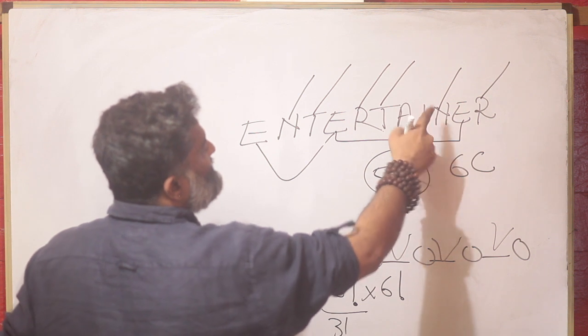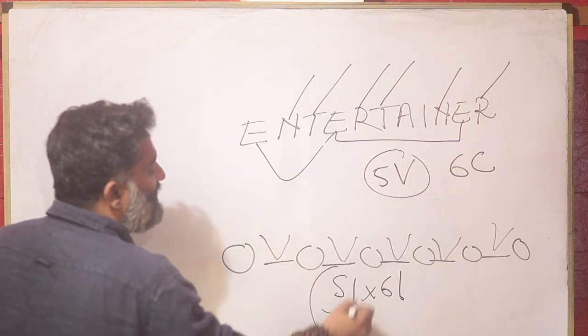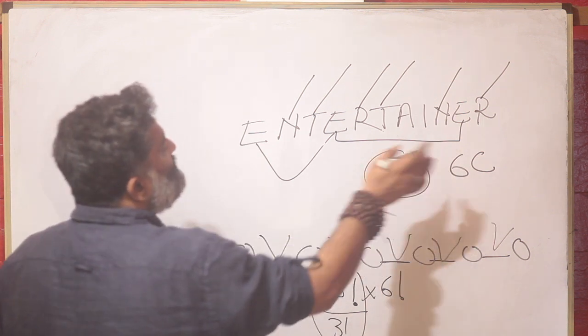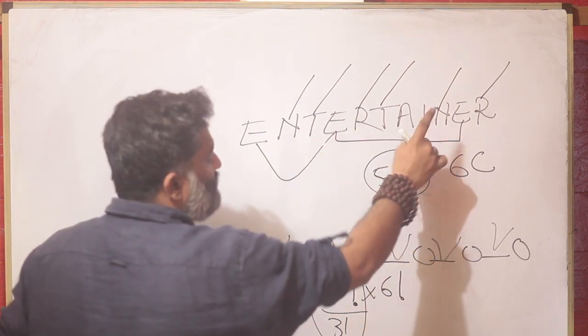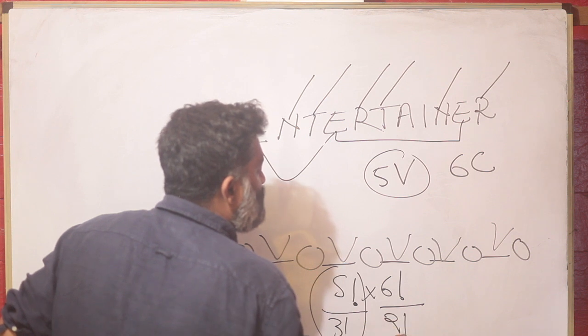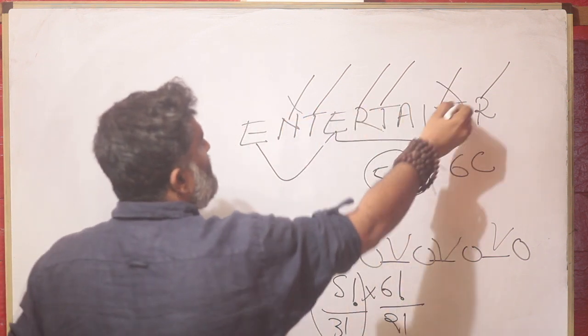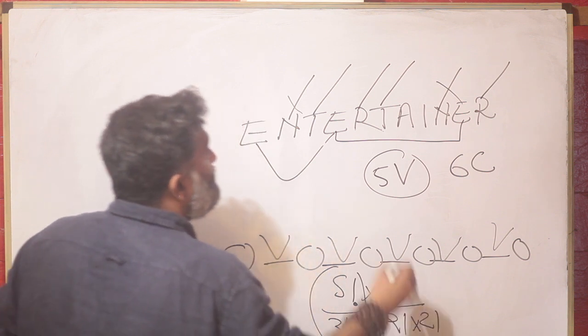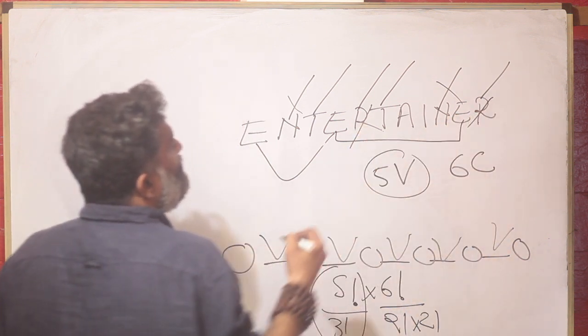There is an I which is not repeating. So the vowel part would be 5 factorial upon 3 factorial. If I think of the consonants, N is repeating twice. So this would be divided by 2 factorial. N is taken care of. R is also happening twice. So another 2 factorial. So R is also taken care of.